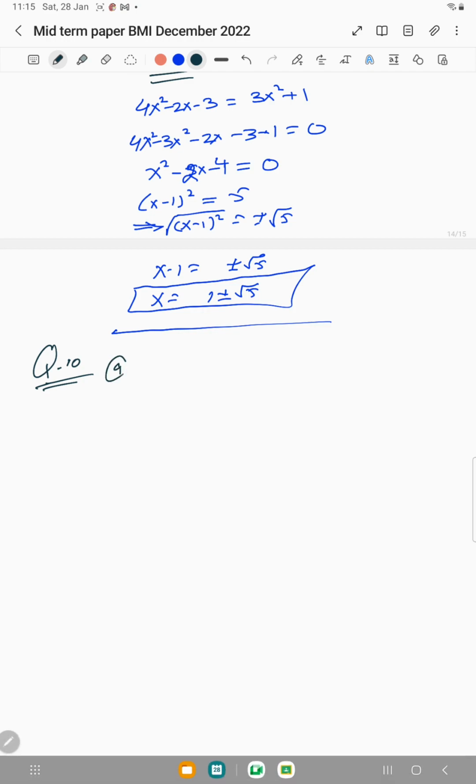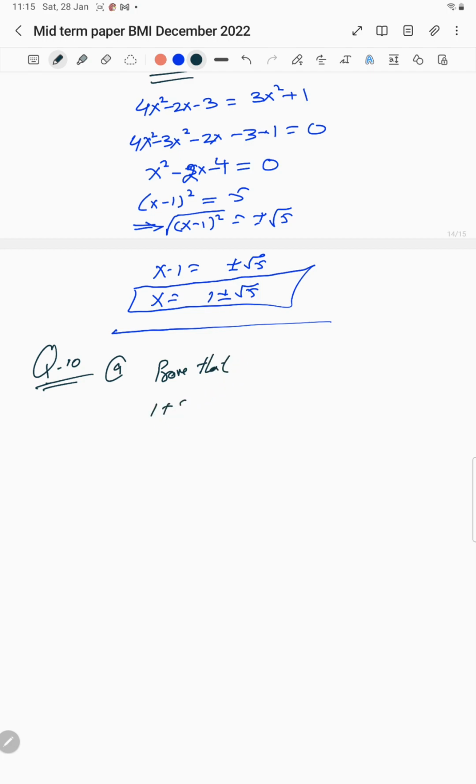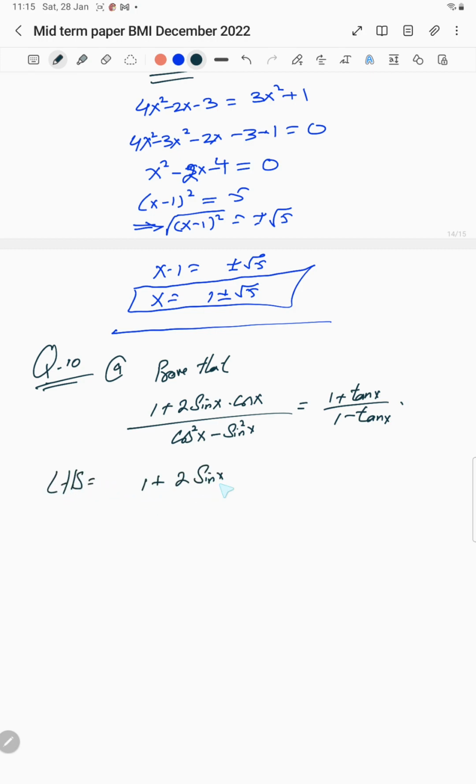So here the first part of this is stated that prove that 1 plus 2 sine of x times cos of x over cos square x minus sine square x equal to 1 plus tan x over 1 minus tan x. So we start from the left hand side. 1 plus 2 sine x times cos of x over cos square x minus sine square x.